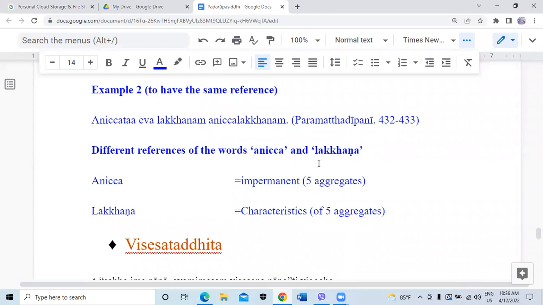Sometimes we cannot say. So in the Brahmanadipani, Ledi Sayadaw makes this Kamadara vika. Yeah, this Chati is also, I think, acceptable, if nature refers to 5 aggregates. Okay. Yes.